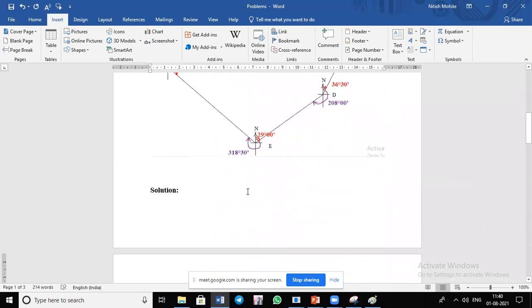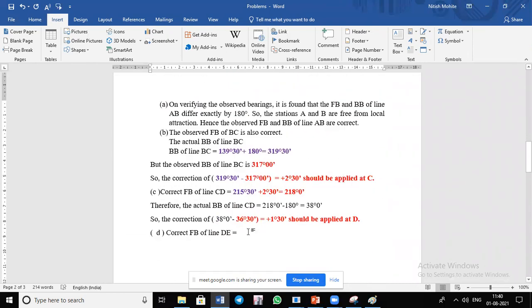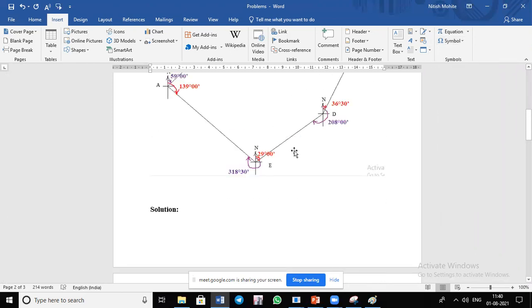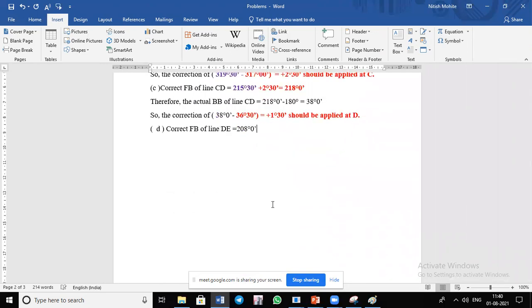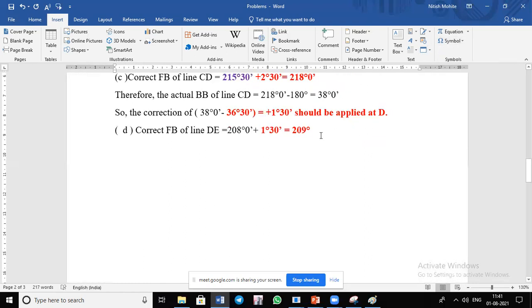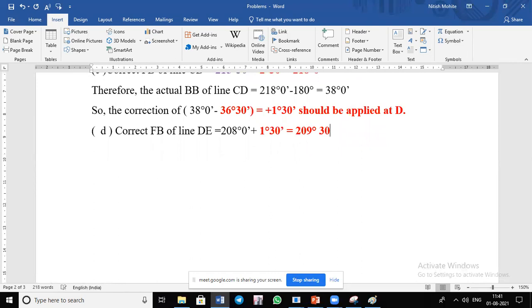It is 208 degree 0 minutes, plus this value we are going to add and calculate the correct forebearing of line DE. So which comes out to be 209 degree 30 minutes. Okay.